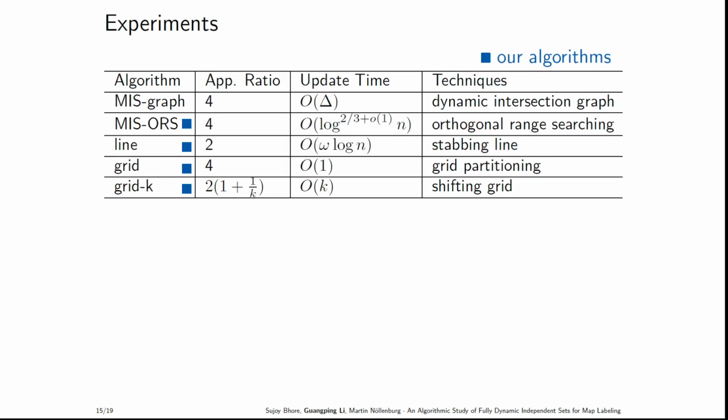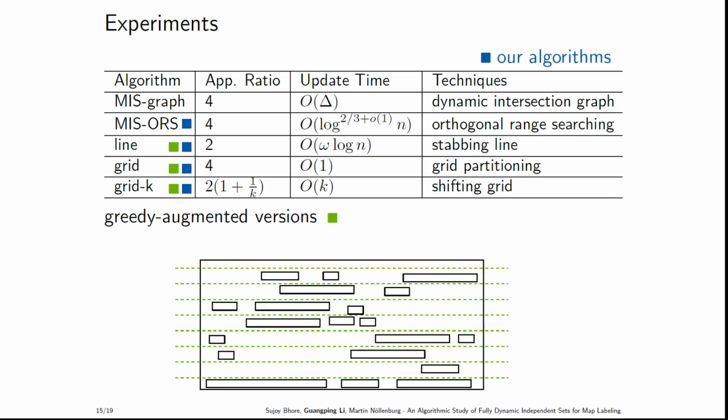We implemented the following 5 algorithms, and for partitioning-based approaches, they produce a lot of white space in practice. So, for instance, in this algorithm line, it ignores the rectangles stepped by either all the even or all the odd stepping lines completely.